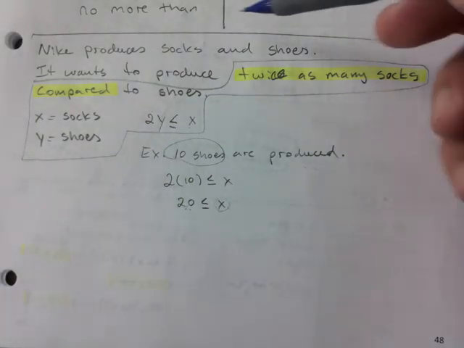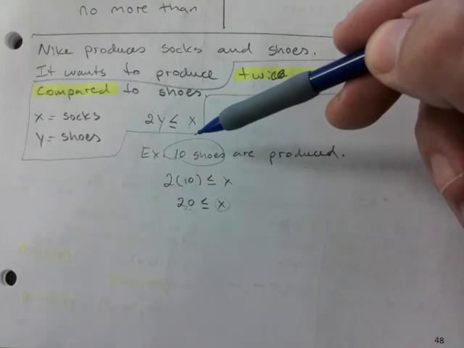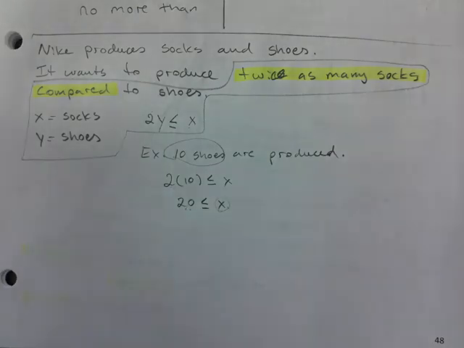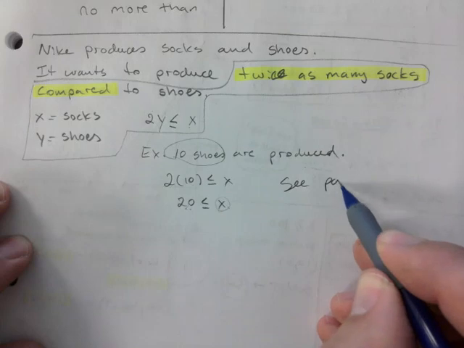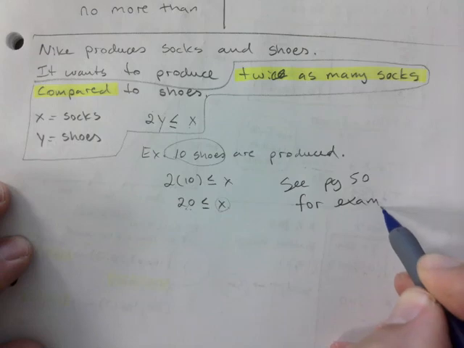A lot of students say, oh, you want 2 times socks, so I'm going to put the 2 in front of the socks. But then you're saying the exact opposite. So it's counterintuitive. I will say, see page 50, for example.